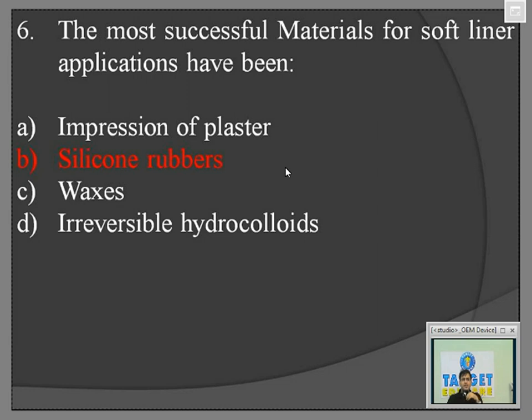With silicone based liners, the resilience or the comfort level of the patient is better, but the problem is with the bond strength and color stability and candidal infection. So till date we do not have an ideal material, but out of the options available over here, this is the only material which can be used as a soft liner. So silicone rubbers are the successful material for soft liner applications.